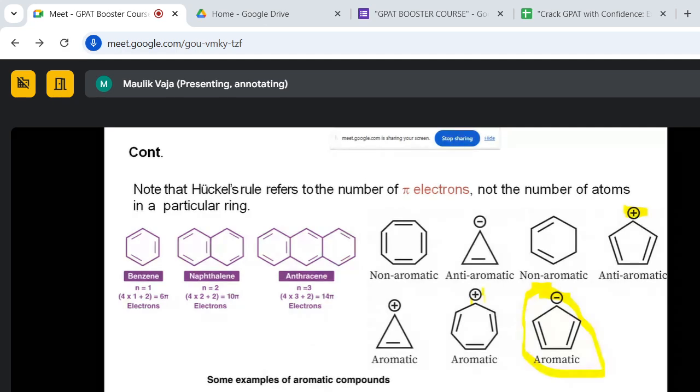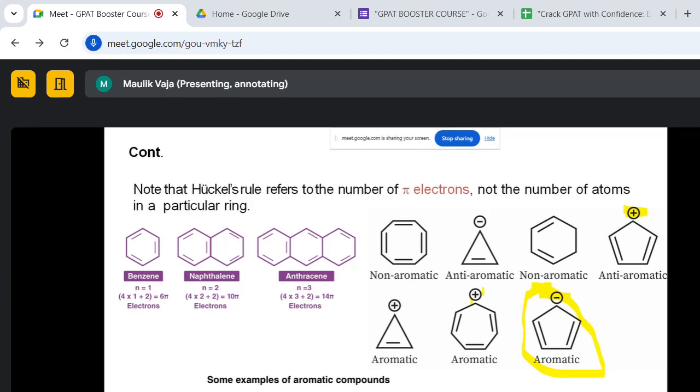If the compound has a negative charge, then it will become anti-aromatic. Why? Because three double bonds are there, so it will be 6 pi electrons, and a negative charge adds 2 electrons. So it will become anti-aromatic in nature.